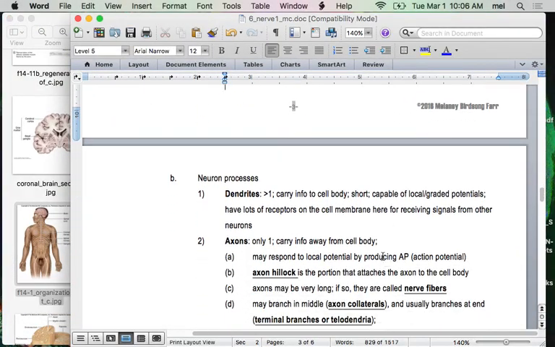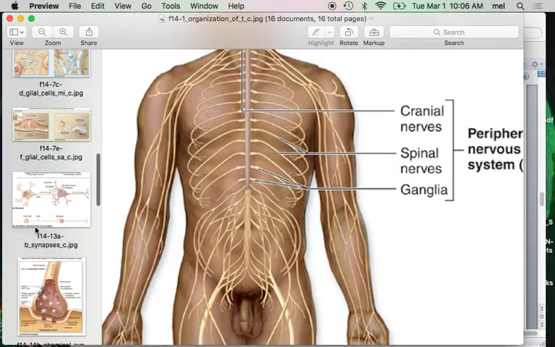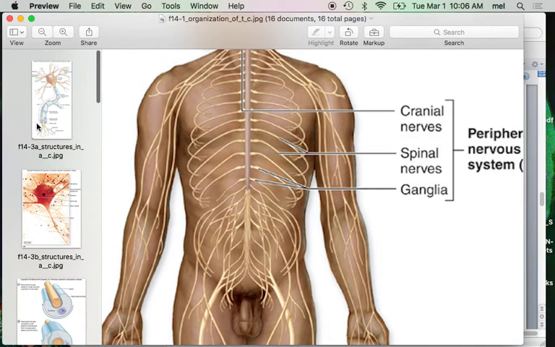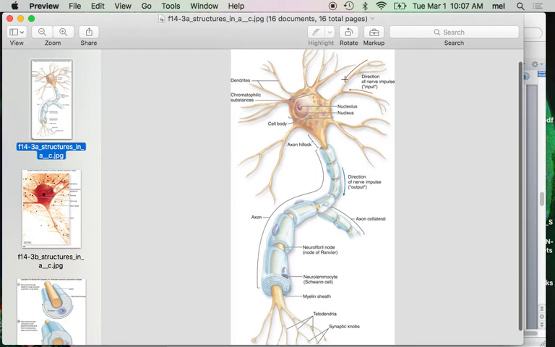Okay, so when we look at a neuron, let's look at the processes of a neuron and put this together with cell biology and then move forward so that we can start talking about the cell biology, anatomy, physiology connection. First off, you have always heard that dendrites are for receiving information, right? And axons are for sending information, but that's directly related to some stuff that you learned in cell biology.